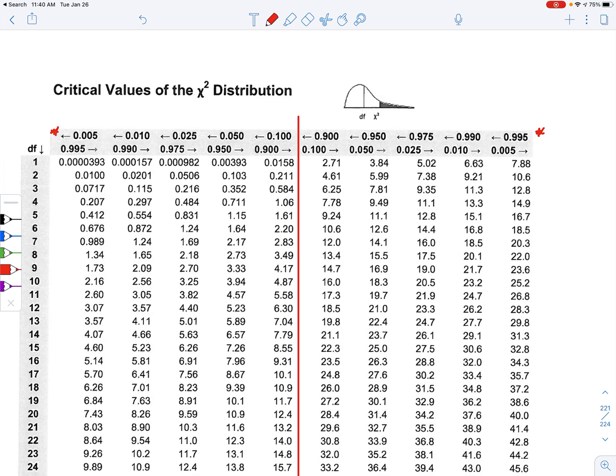So if you take a look at any particular line, our degrees of freedom, let's say 6, you would see that that's in between these two values here, 1.61, which is on the left-hand side of it, and then 9.24, which is on the right. And of course, the numbers get smaller as you go to the left and bigger as you go to the right. And 6 is not halfway between those two numbers because the distribution is not symmetric. Okay?